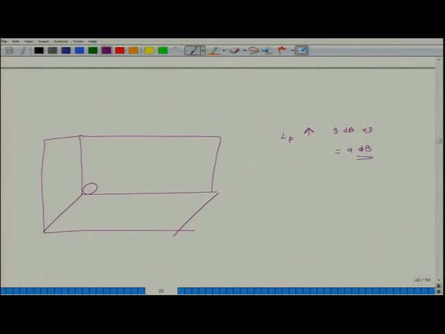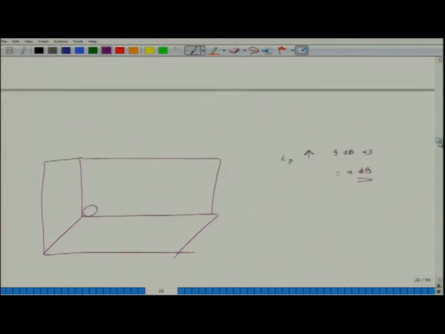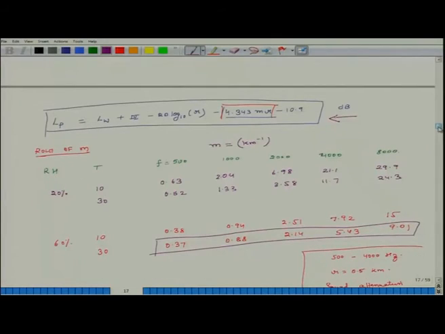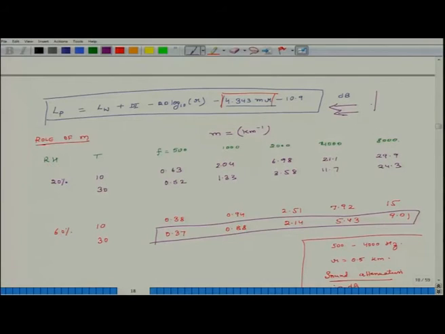So, in absence of any reflecting surfaces, this is the relation which we use. If this object is placed on one reflecting surface, then all the energy will be prevented from going to the bottom half of the universe, and all that energy will again get reflected upwards. So, this is when no reflecting surfaces.